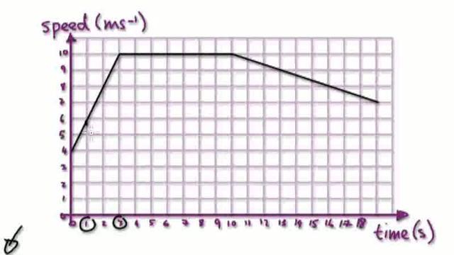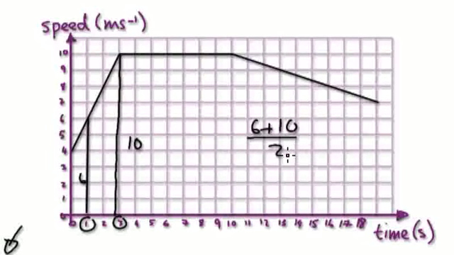Okay, so I'm just going to get this height here, which is 6, plus this height here, which is 10. So 6 plus 10 divided by 2. That will give me the average, the middle of the two. Then just times it by this distance here, which is 2.